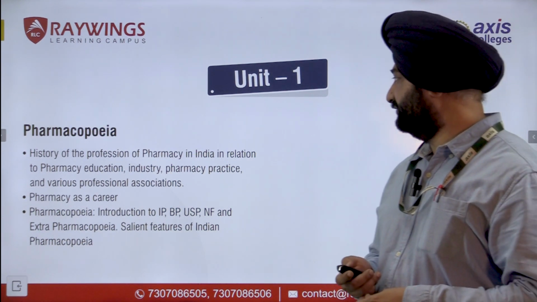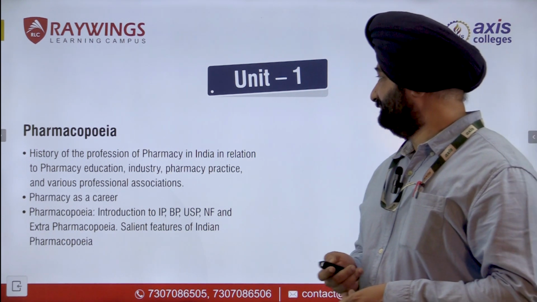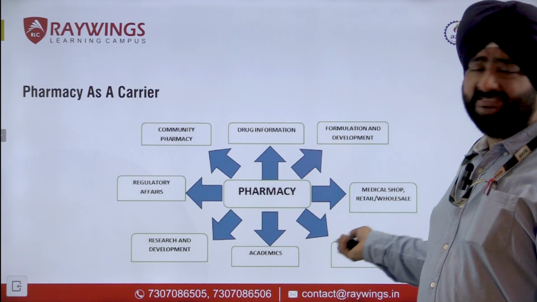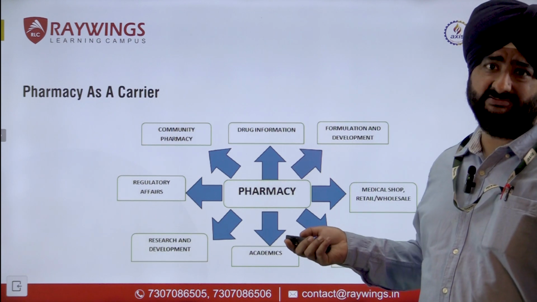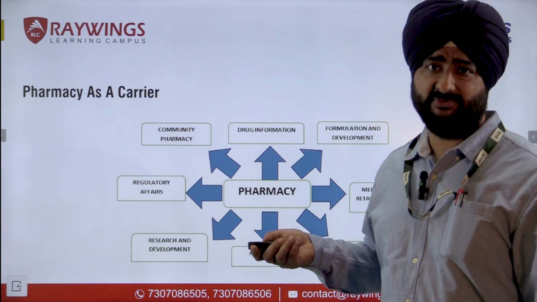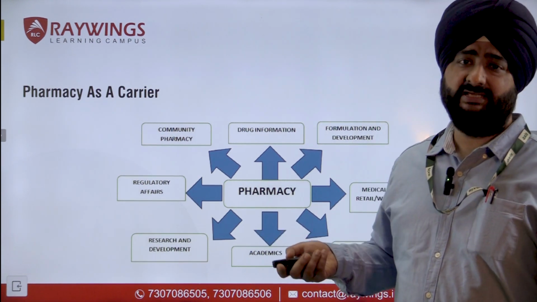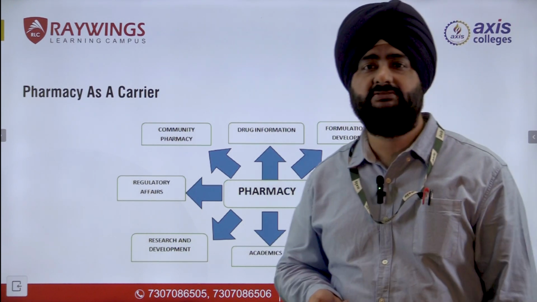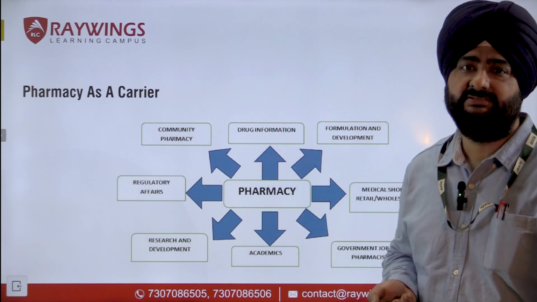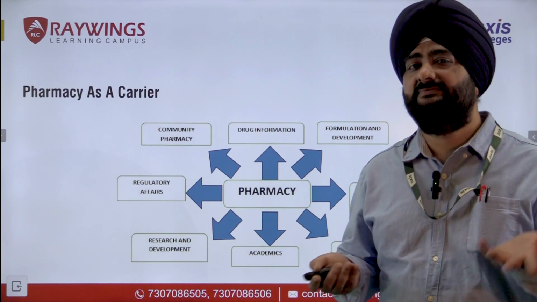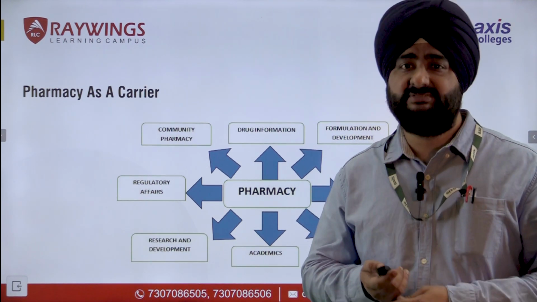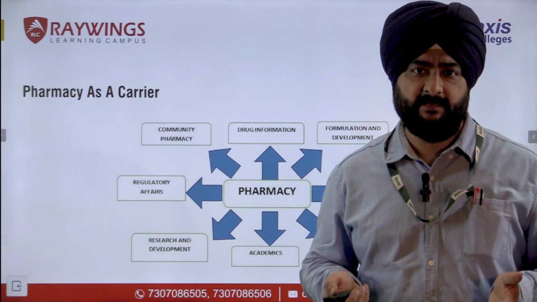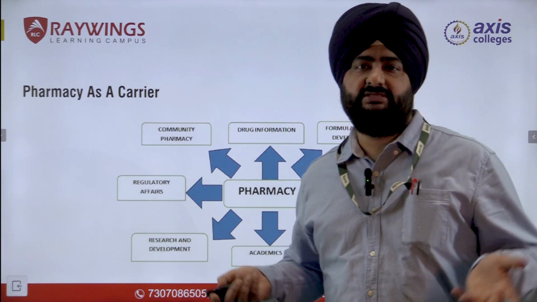Then there is an introduction also, like these are the various fields a student can pursue after completion of the D.Pharma course. He or she may opt for academics, he or she may opt for production, or work as a hospital pharmacist. So there are so many options which he or she may opt for, right?